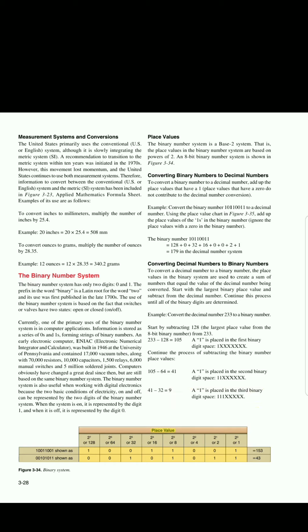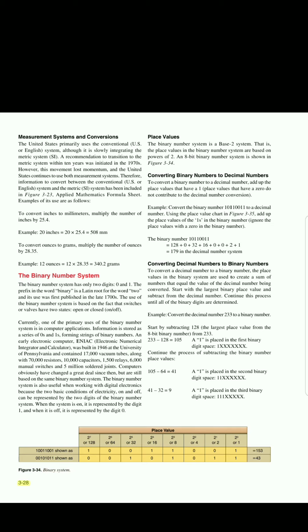Place values 2^7, 2^6, 2^5, 2^4, 2^3, 2^2, 2^1, 2^0, or 128, 64, 32, 16, 8, 4, 2, 1. 10011001 equals 153. 00101011 equals 43. Figure 3-34.